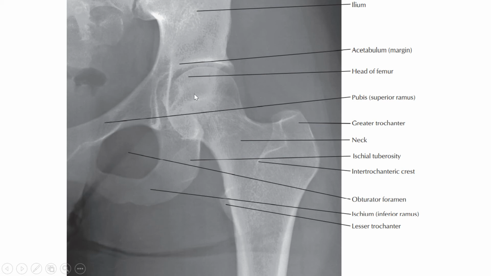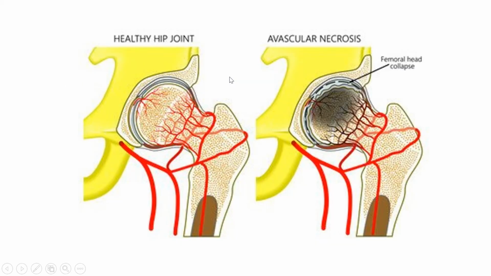This is an X-ray of the femur, and here you can see this very well circumscribed and rounded structure is called the head of the femur, and this is called the acetabulum. Here we have the neck of the femur. This is the greater trochanter. Here we have the lesser trochanter. Look at the roundness of the head. It is very sharply rounded, so it is a normal X-ray.